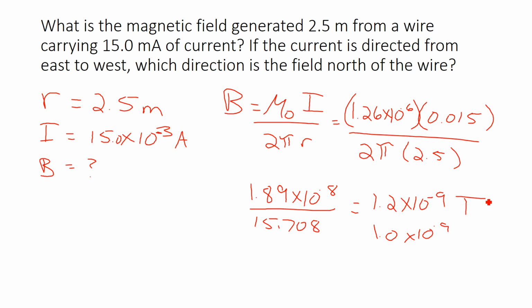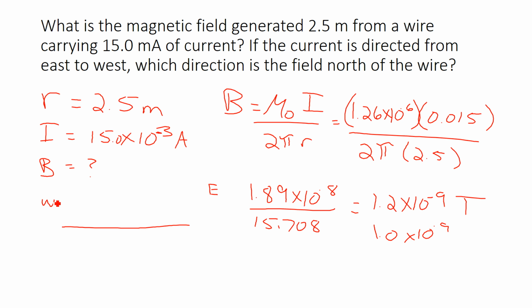Now, the tricky part here is we need to figure out the direction of the field. So, the current moves from east to west. Here's my wire. It's going to go from east to west, right? Which direction does it go? It goes from positive to negative, right?